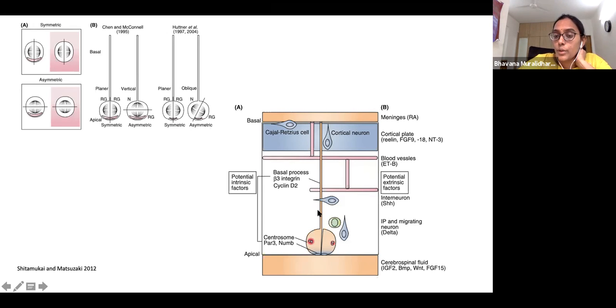You also have interneurons. There are two main neuronal types in the developing cortex. First is the excitatory neurons, the other is the interneurons. The excitatory or pyramidal neurons all come from the process which I just defined, from the apical radial glia in the cortical primordium. But the interneurons have another source. They all come from the ventral side of the forebrain.